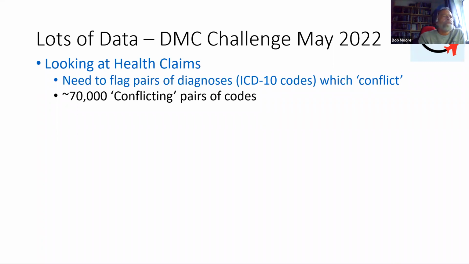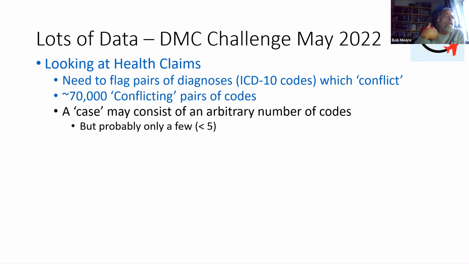And we then have the cases that we're submitting to say, are there any conflicting pairs? That could be an arbitrary number of codes. The challenge doesn't give you any clue as to how many that should be, but at a guess, I would say it's probably only a few, perhaps less than 5.